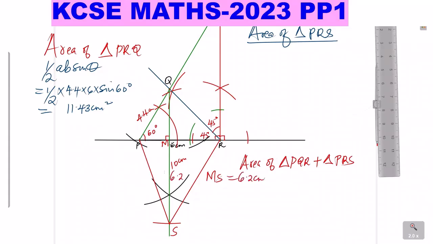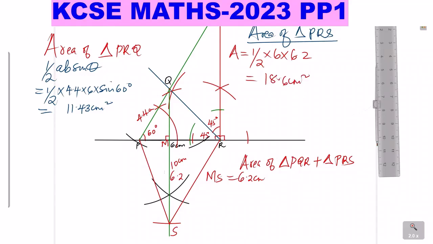And then the base, taking the base as PR, the area of that triangle will be given by half times the base, which is PR, which is 6, times the height, MS, which is 6.2. Working this out, we get 18.6 centimeters squared.